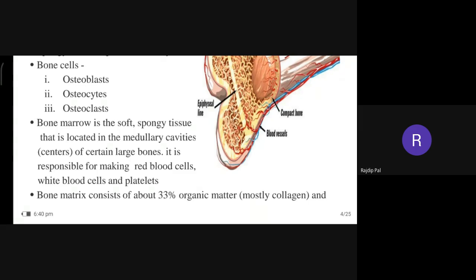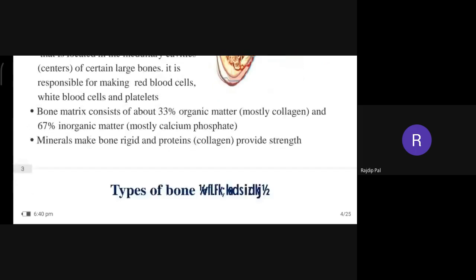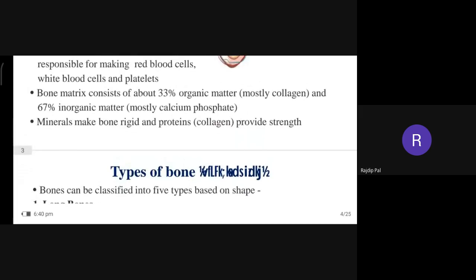Bone matrix consists of organic matter, mostly collagen, and inorganic matter, mostly calcium and phosphate. So, what does bone matrix contain? 33% of bone matrix is made up of organic matter like collagen, and 67% of inorganic matter, mostly calcium phosphate.